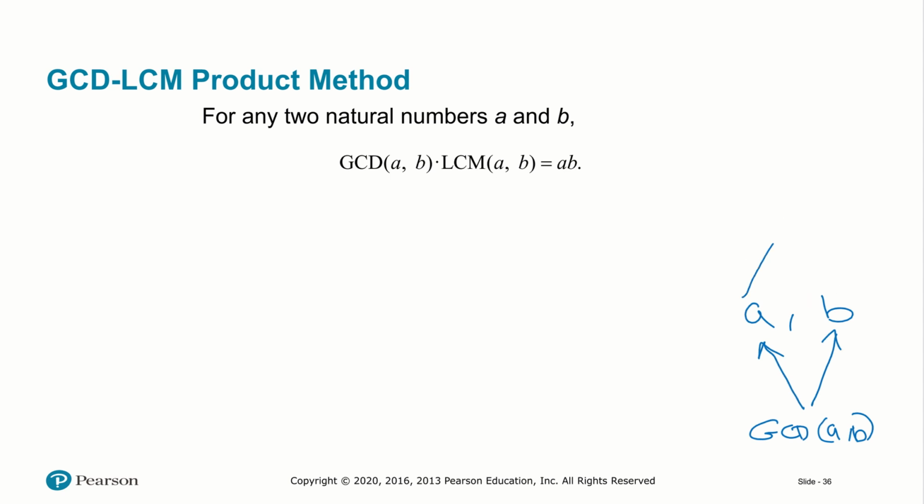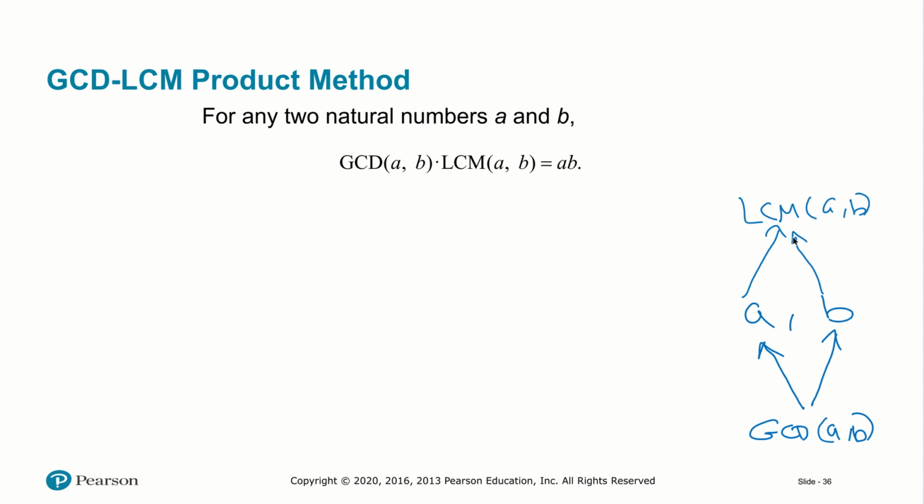So they're really two extremes, right? So again, the greatest common divisor is the largest number that goes into both of them, and the least common multiple is the smallest number that they both go into, right?